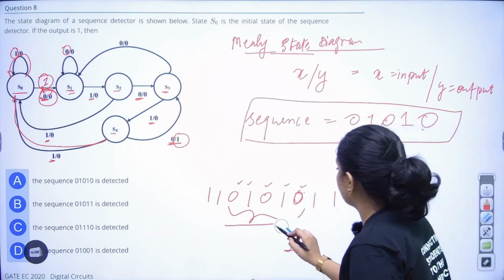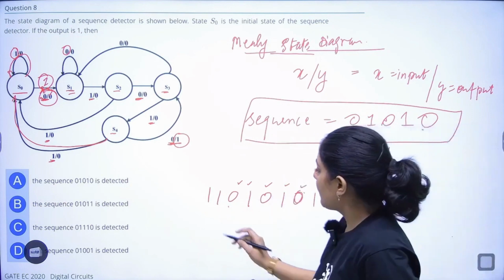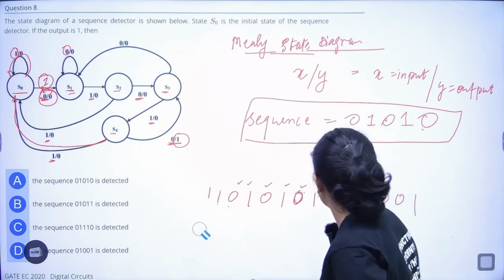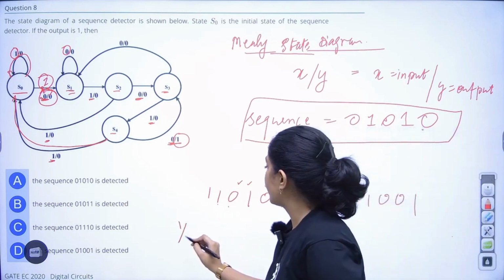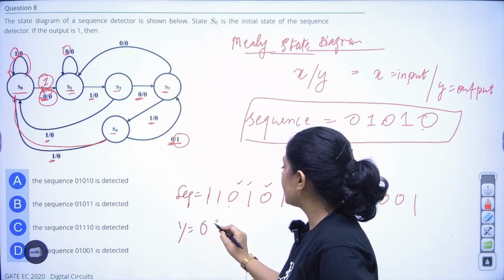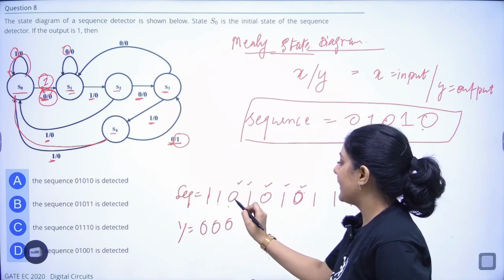Suppose this is a sequence and this is the sequence detector state machine, it will start detecting from this. Okay, so this will become 0, your output. This is some random sequence. So output here will become 0 0 0, because it needs to detect, but it has started detecting from this.